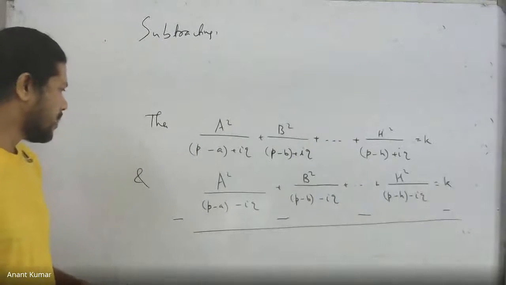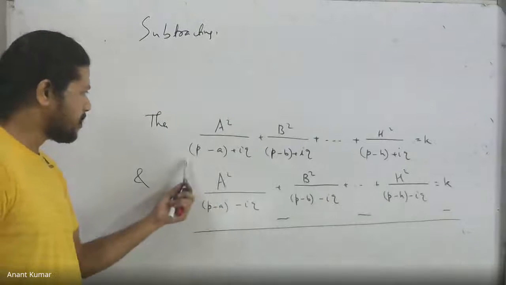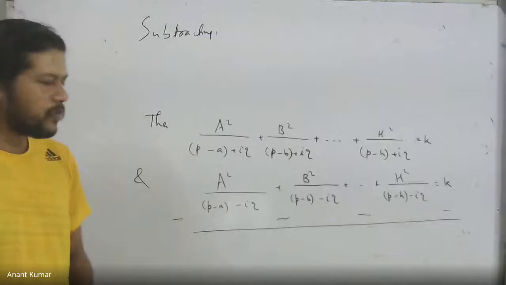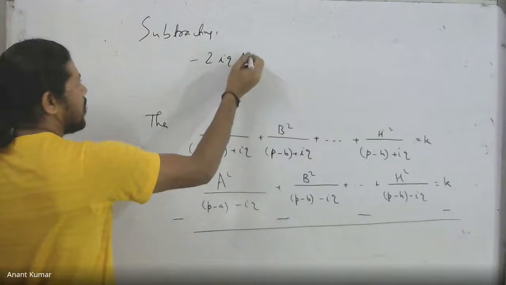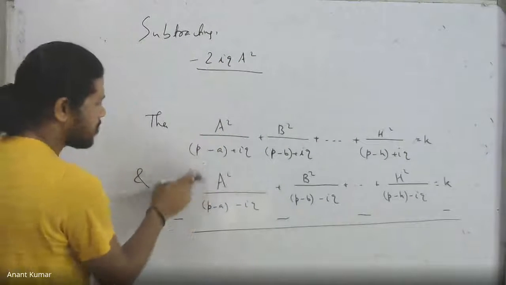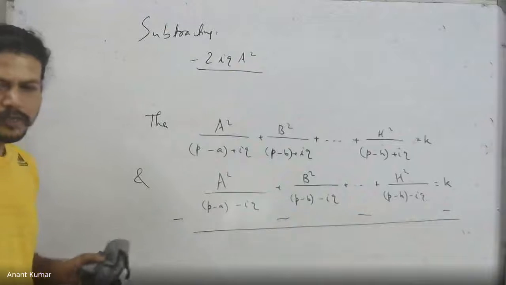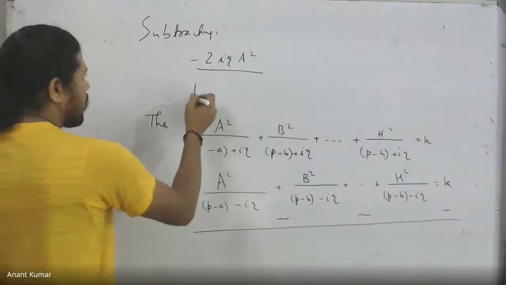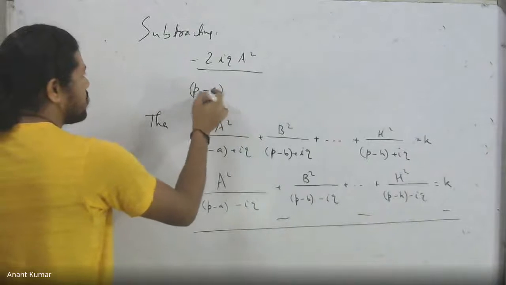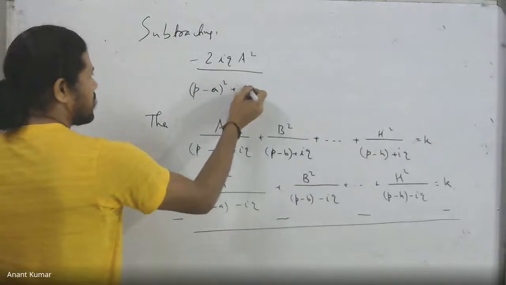We end up getting p minus a plus iq minus p minus a minus iq, which gives minus twice iq into A squared upon the denominator. Multiplying these two, which are conjugates, the product becomes the modulus squared. So I get p minus a whole squared plus q squared.